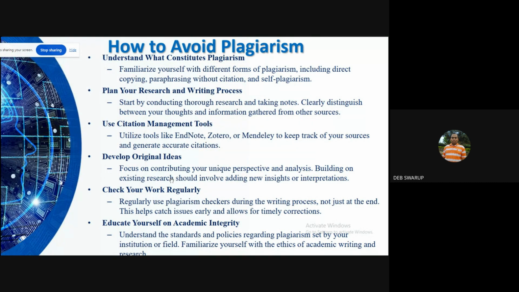Then check your work regularly. What people generally do is write 1 or 2 pages, then check for plagiarism, remove it, and then continue further. Now this takes a lot of time. So what I advise is to write your entire paper, and don't copy paste it.